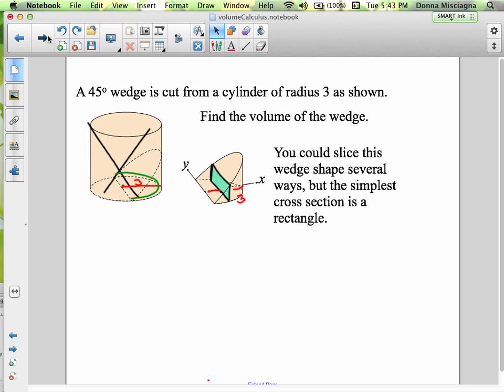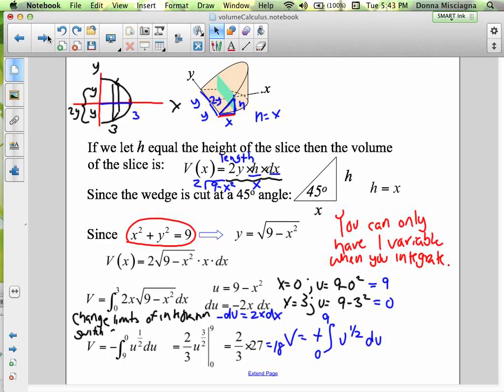Now we've got to place this on a coordinate plane so that we have something to integrate. Otherwise, we're not going to be able to find the volume of this. If we place this so our cross sections are vertical, we're going to be integrating with respect to x. So imagine here we have a rectangle. These are our cross sections, they're rectangles.